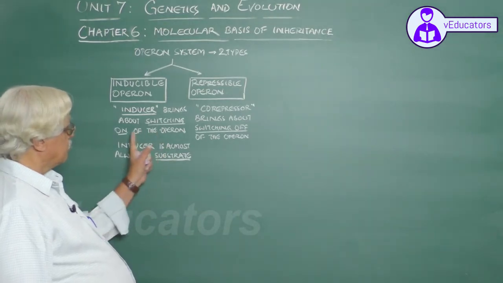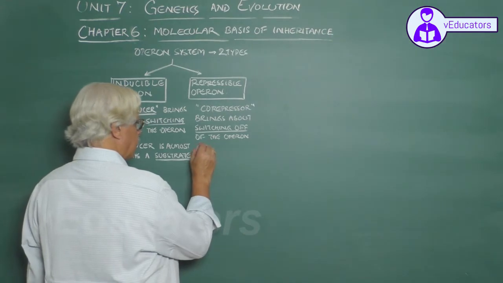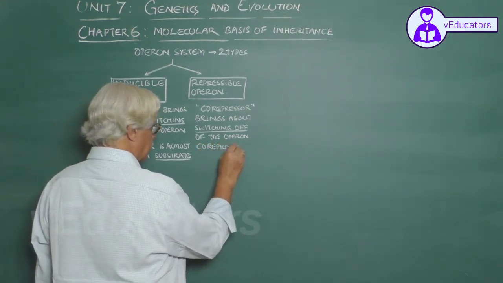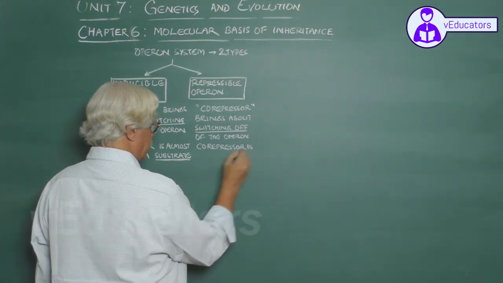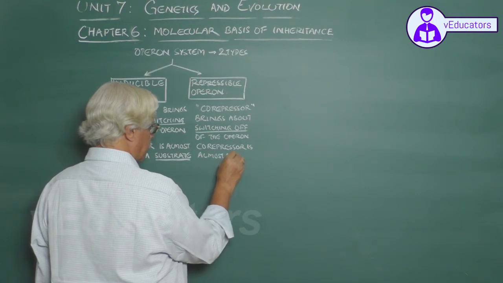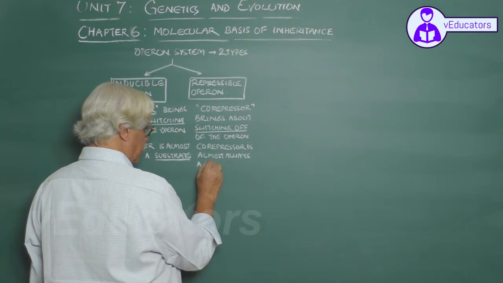So this is for switching on, this is for switching off. This co-repressor will be almost always a product.